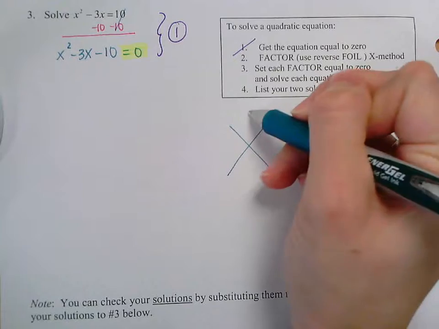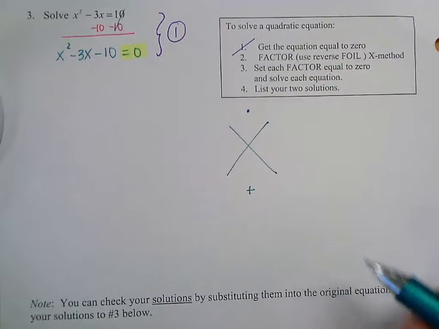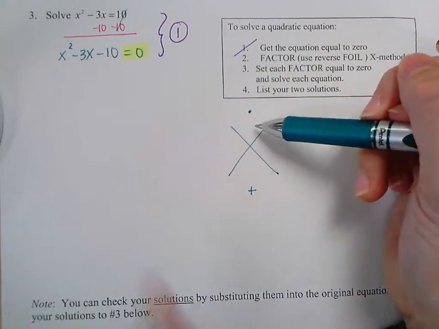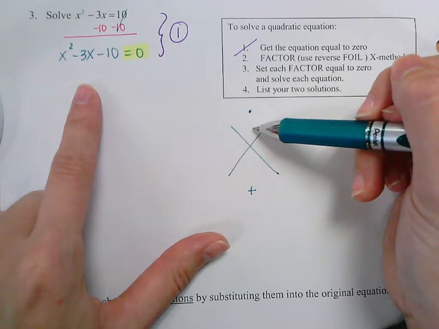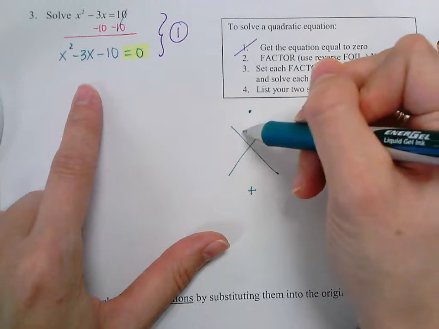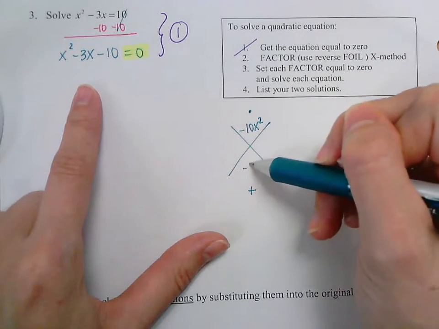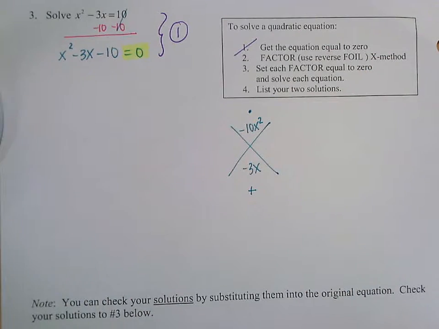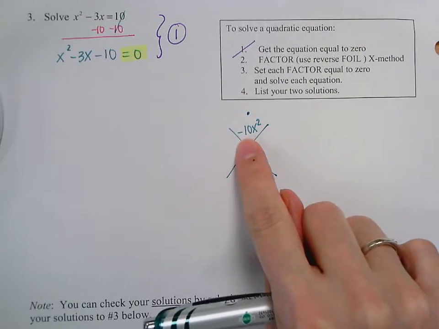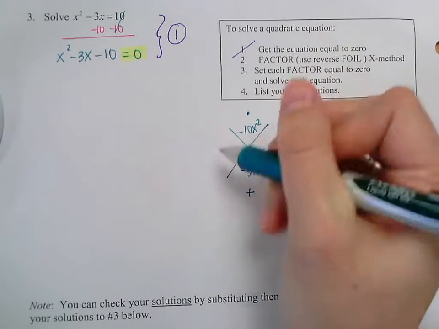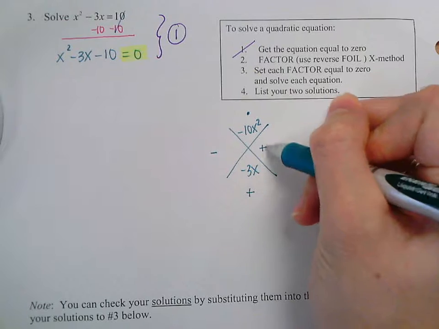So if I set up my x, on the top, what am I multiplying to? Yep, negative 10x squared. On the bottom, negative 3x. And then remember, when you multiply to a negative number, one is negative, one is positive.